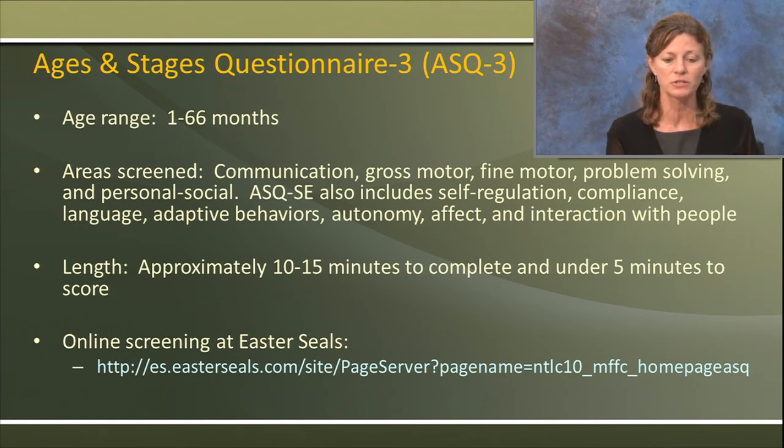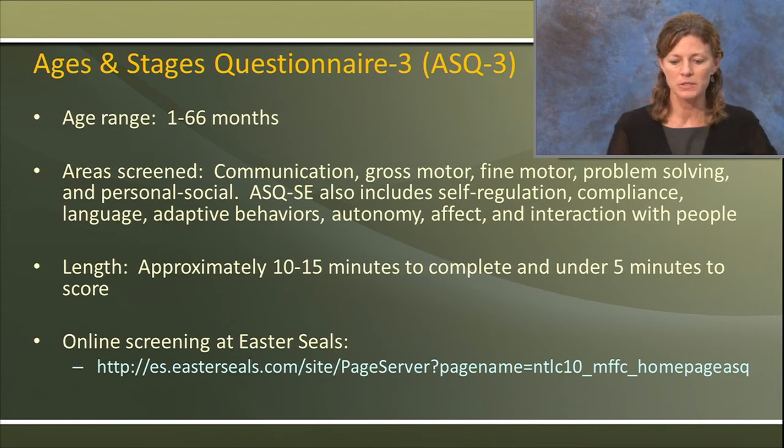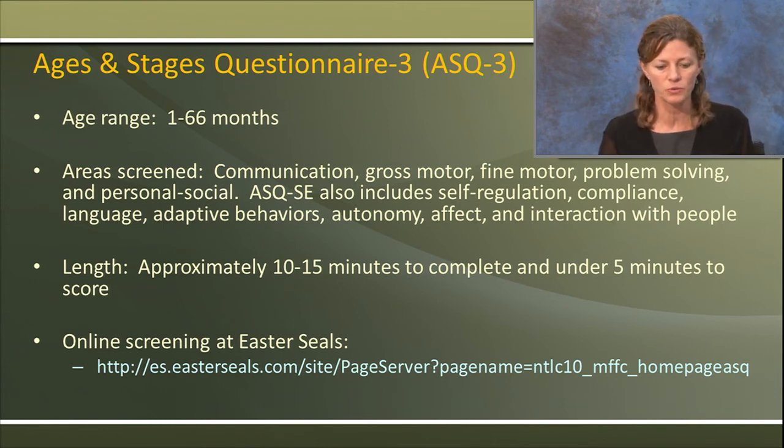A lot of pediatricians use it, but it's also used within the early intervention system. It has an age range of 1 to 66 months, and you can see here on the screen that it looks at a variety of areas including communication, motor, problem solving, personal, social, and so on. So it's really a comprehensive screening tool. It takes about 10 to 15 minutes to complete and under 5 minutes to score.